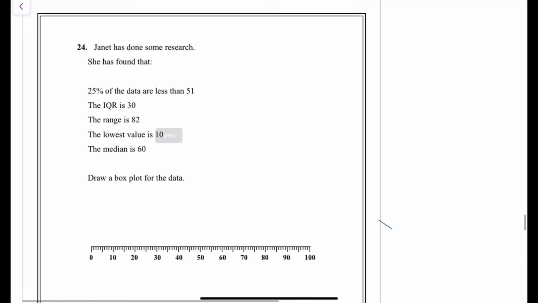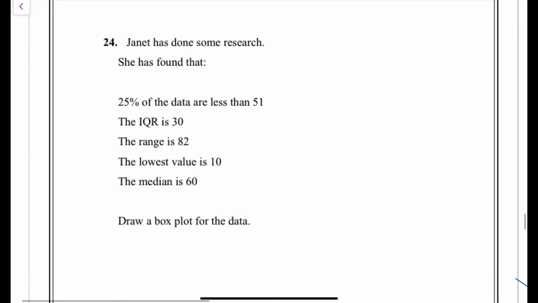Okay, so this is the CCA resource. It says, Janet has done some research. She has found that 25% of the data are less than 51. That basically means your lower quartile is equal to 51. Lower quartile is the value which 25% of things are below.